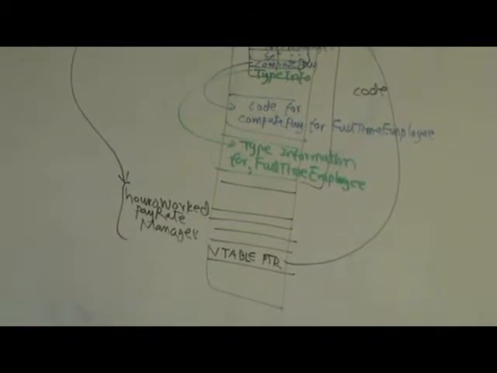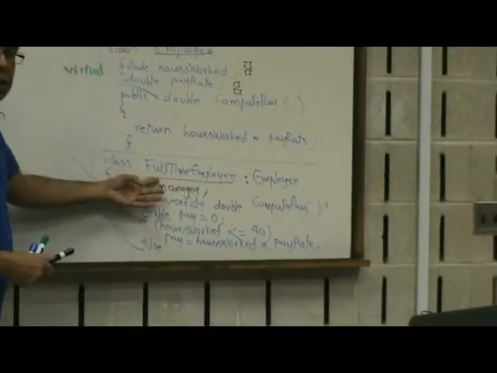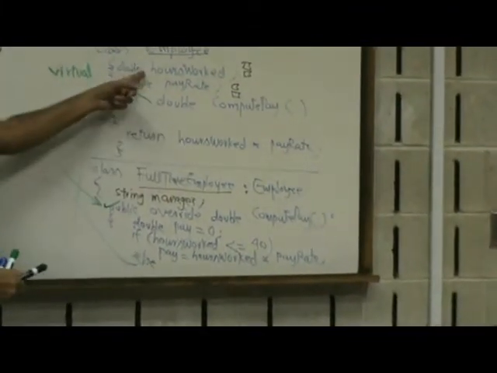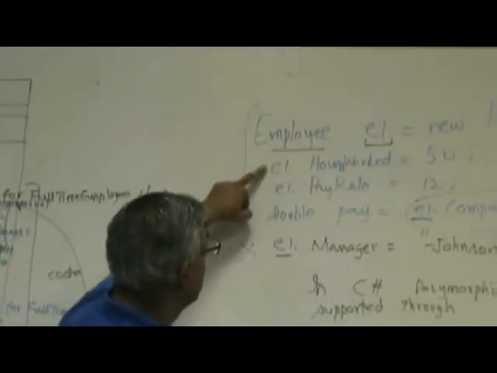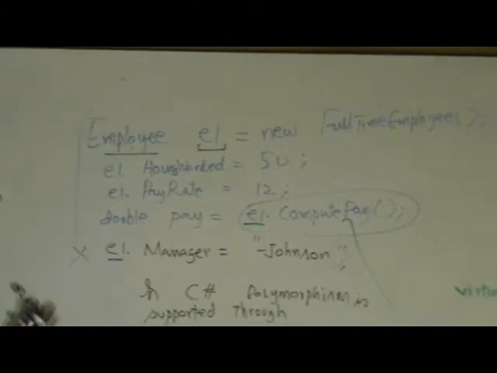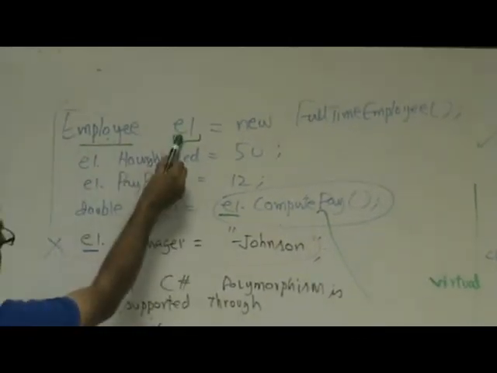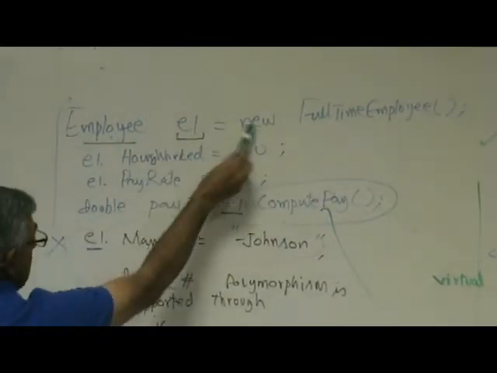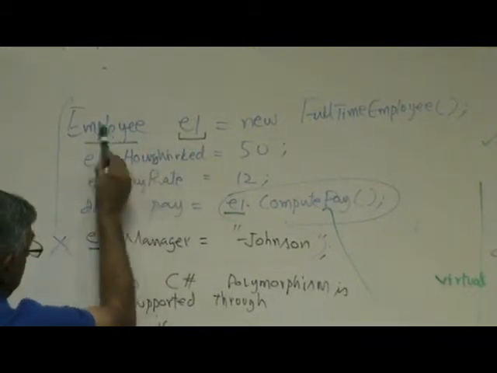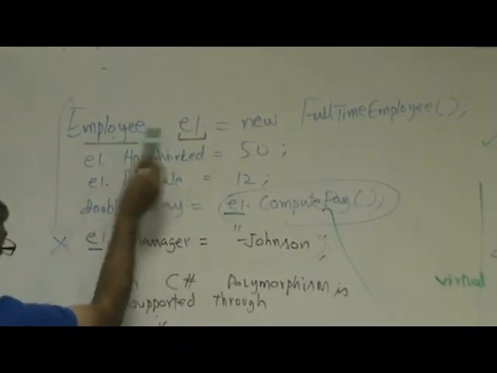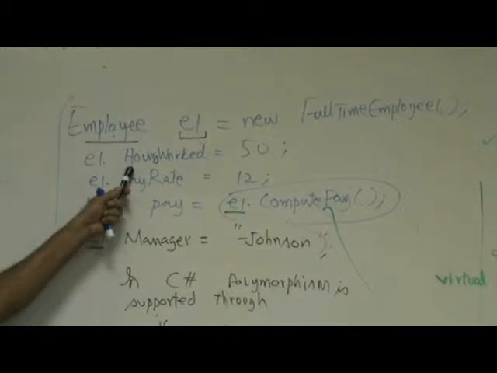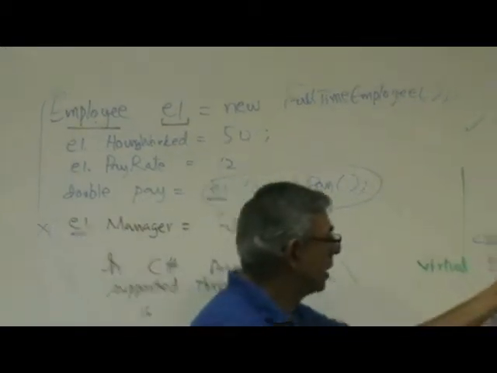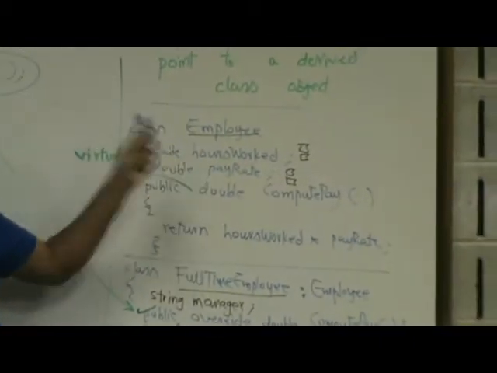Now let's go to the next line. Was hours worked declared in the full-time class? No, it's being inherited. So let's take a look. What will the compiler do once it sees this? Remember, the compiler checks what type it is, not the actual memory, but what the data type was when it was declared. It will find Employee. So where will it go? The Employee class. Is there hours worked? Yes.